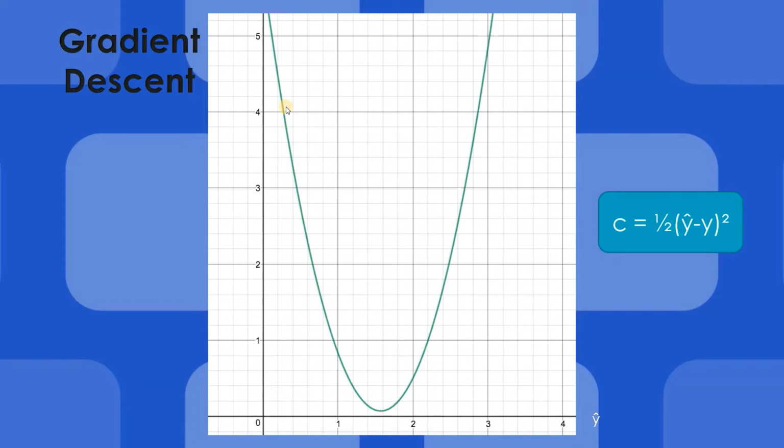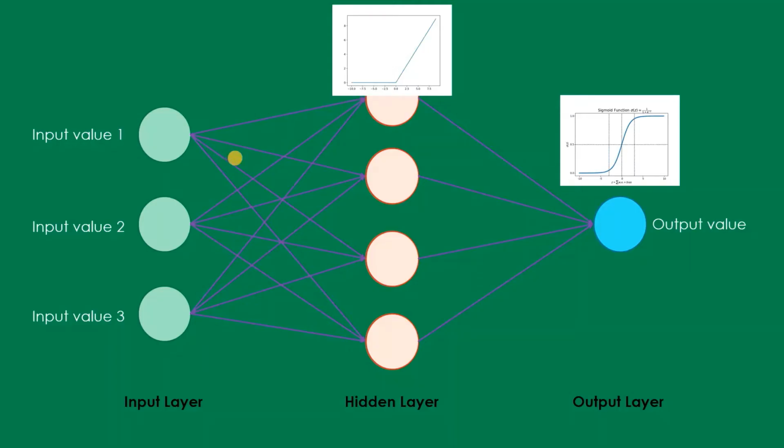You can use the brute force method, changing the values of each and every weight and checking for the minimum value of the cost function. But it is quite a tedious task, right? Because for example in this case, suppose you have 3 into 4, so 12, plus these 4, so 16 total weights.